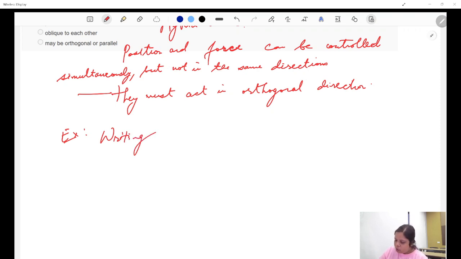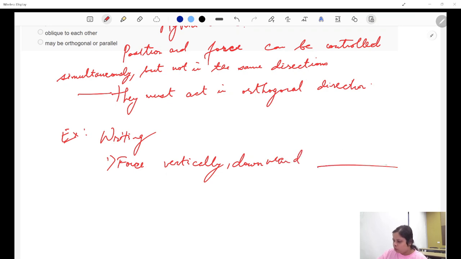So what happens in our case, when we are taking the writing example, we apply force vertically, in the downward direction, to press the pen on paper. So this is the direction in which we apply force.